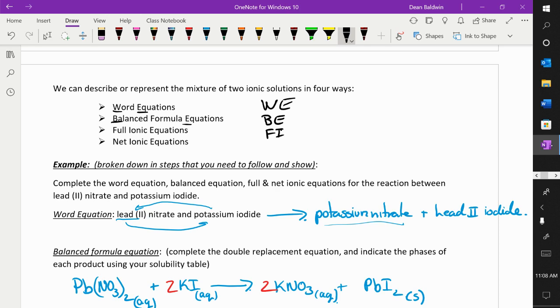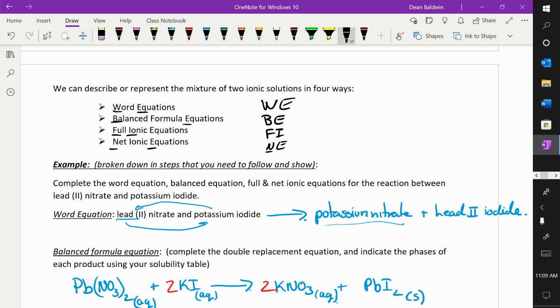FI for the full ionic equation, and then NE for the net ionic equation. Or you just know what to write. Okay? Word equation, balanced formula equation, full ionic, net ionic. Nobody likes the full ionic. I understand that. The net, you just write what forms the precipitate.